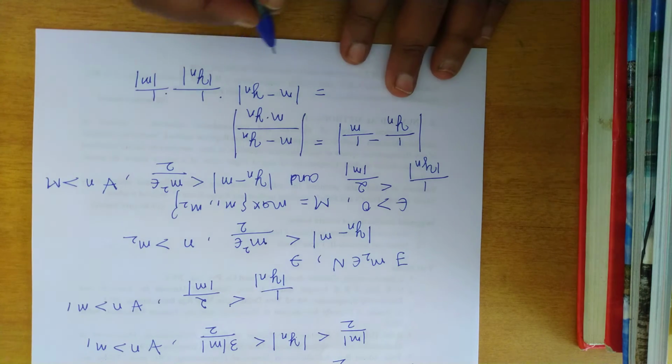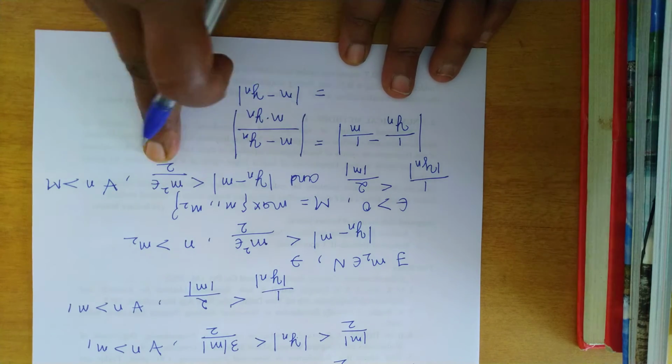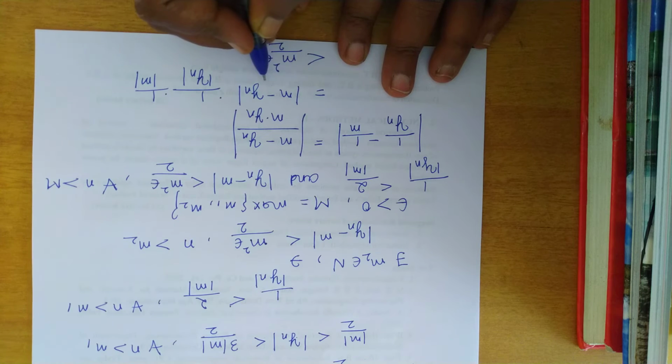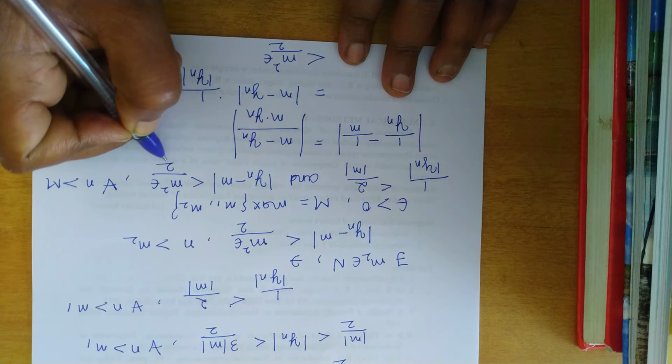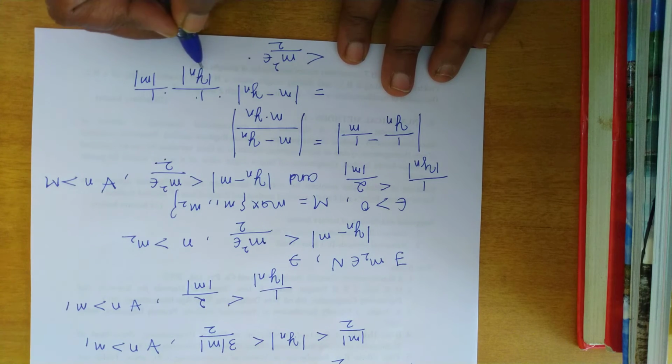But we know the quantity for this. That is, what is modulus of m minus yn? That is, yn minus m, which is less than m square epsilon by 2. Since it's a positive quantity, whether it's yn minus m or m minus yn, the value is less than m square epsilon by 2, into what is 1 by modulus of yn?